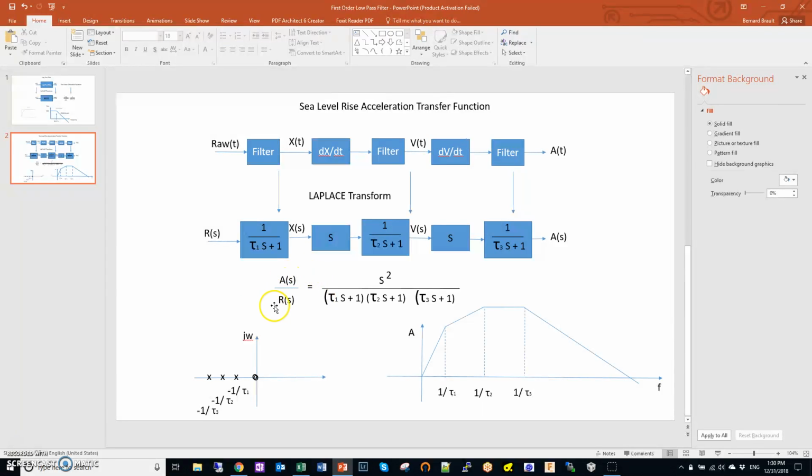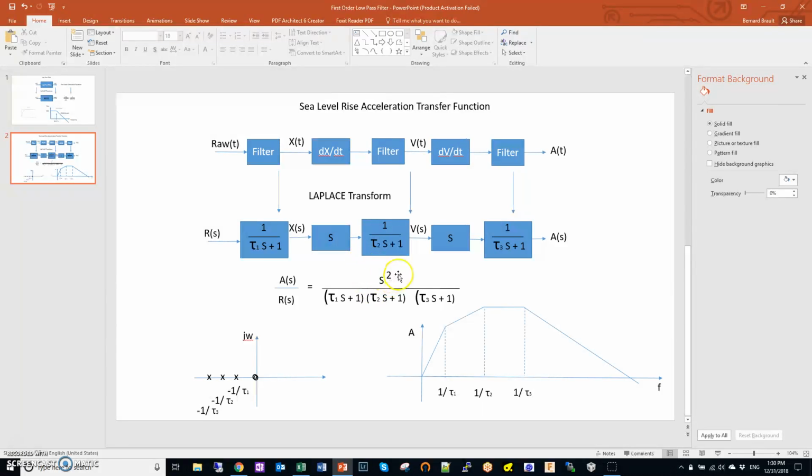A(s) over R(s) is the transfer function, and it's s squared, the two s's right here, divided by (tau 1 s plus 1) times (tau 2 s plus 1) times (tau 3 s plus 1). As I indicated in the previous video, the nice thing about this is that it's a polynomial over another polynomial. Those are relatively easy to work with, and you can find the roots.